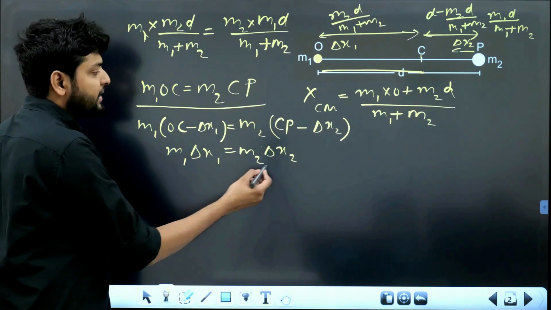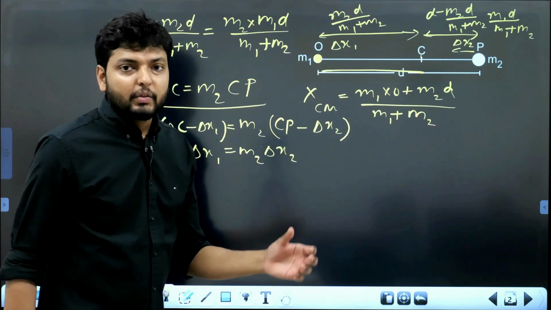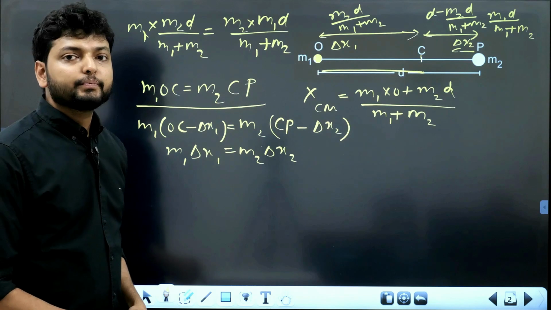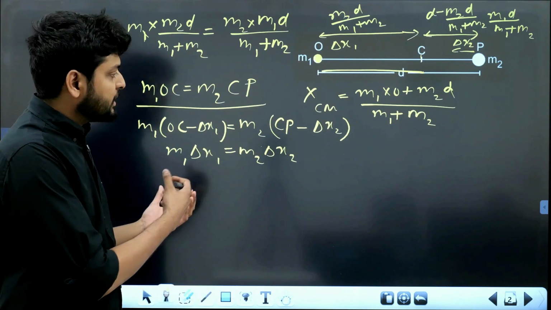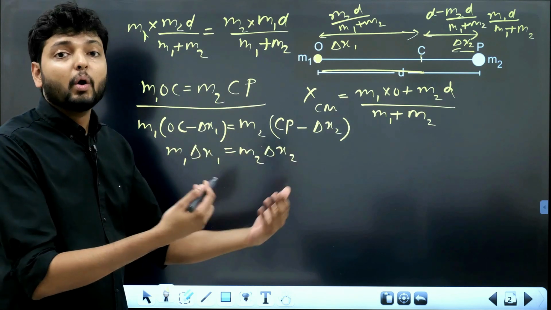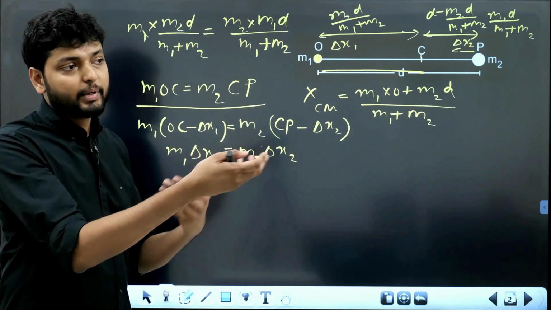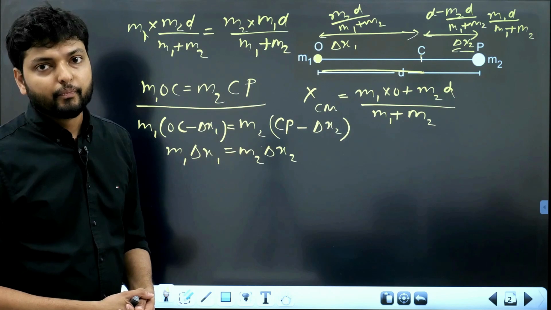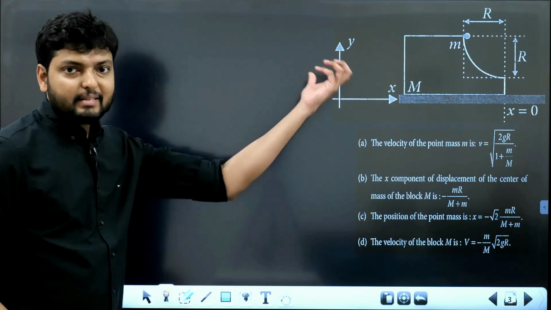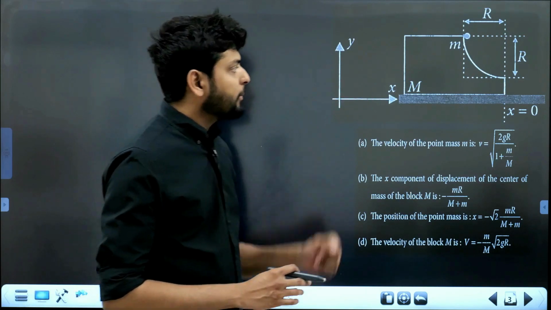Movements have to be made in the inverse ratio of masses. This key concept we are going to use to find out how much the block will be displaced with respect to the points. So using this concept, we can proceed with the problem.